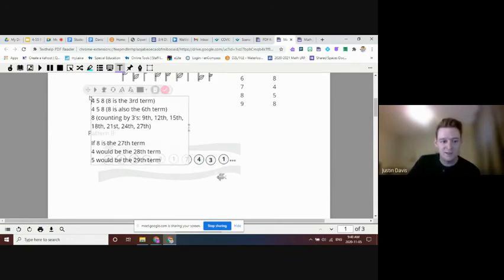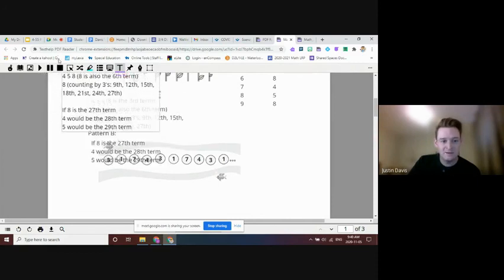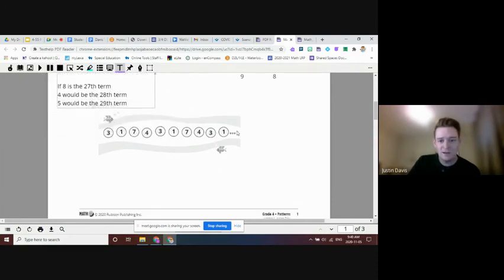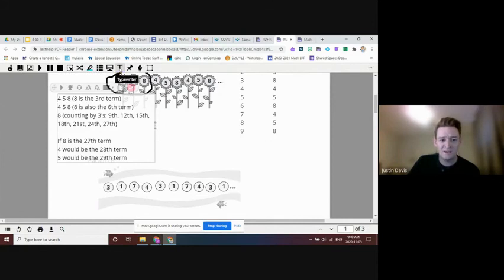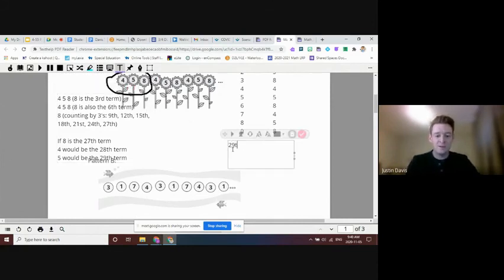So I'm just going to move this up here where we can see it a little bit better. And I'm going to keep track of my answers down here. So I'm going to put a new typewriter in. I'm going to say, okay, the 29th term is, and then down here I could say the 55th term is, and the 103rd term is.